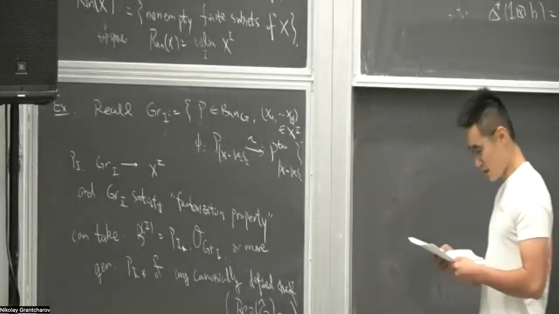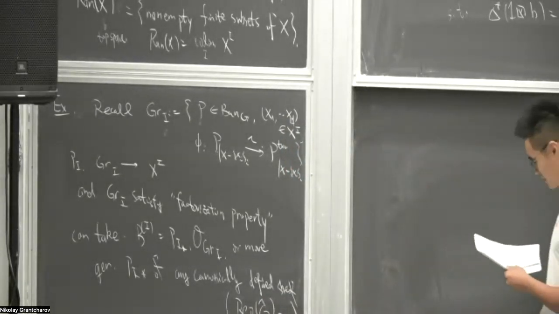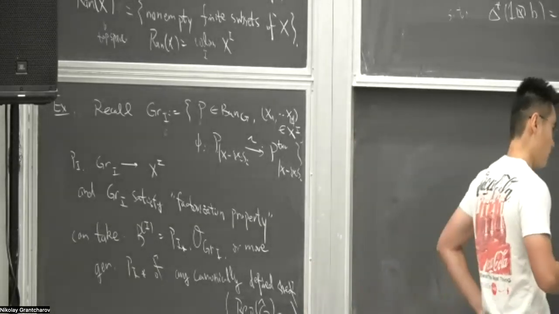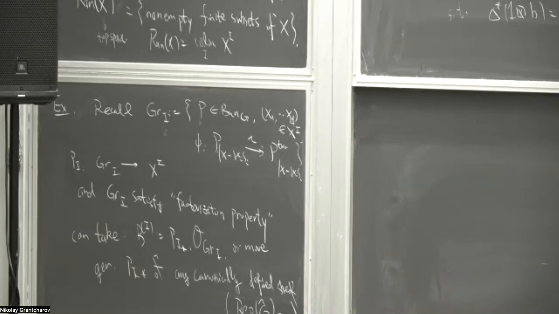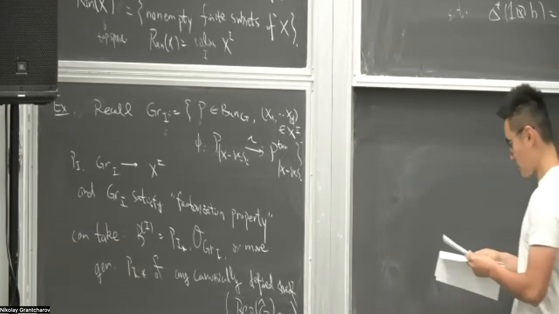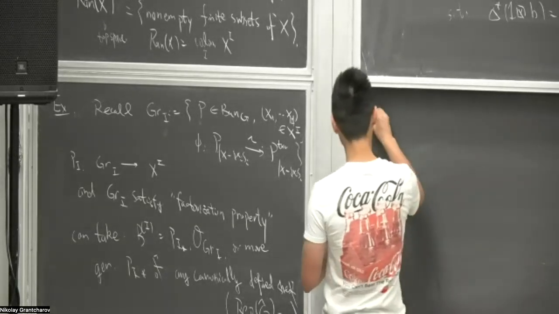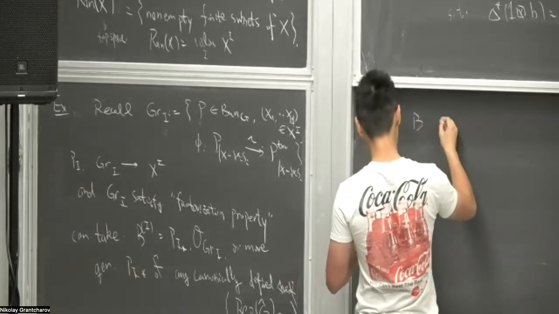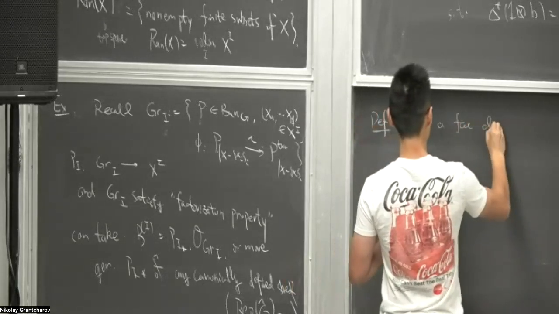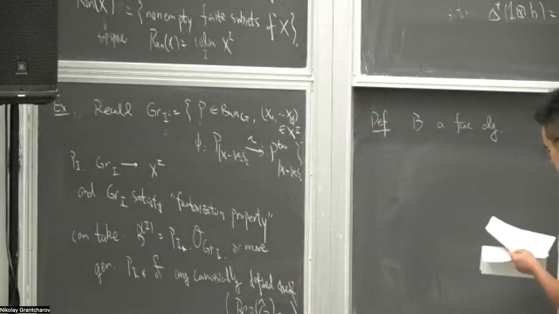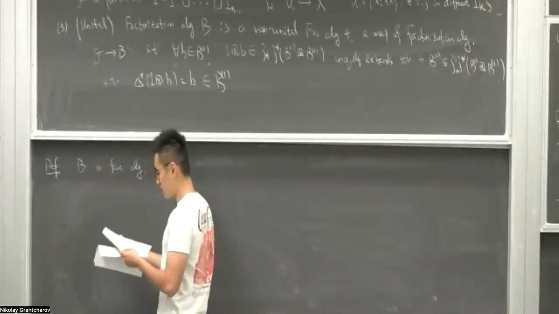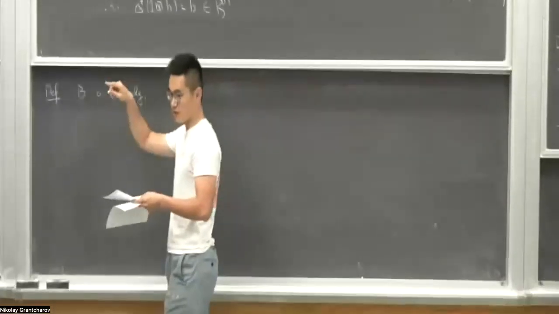Okay, so these will be the examples. I also want to define the modules. Definition: a factorization module over a factorization algebra. You use this diagram where we add a star to denote the place where the module is.